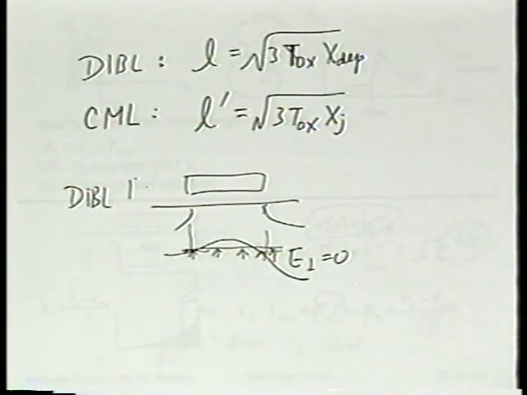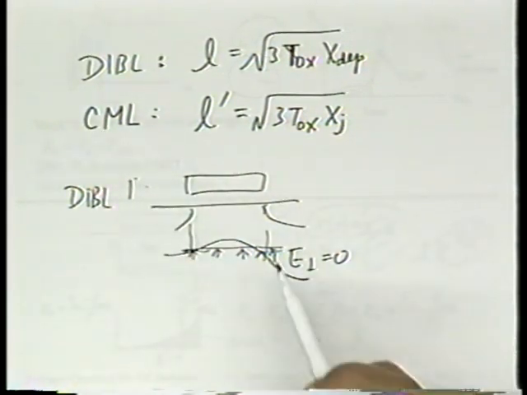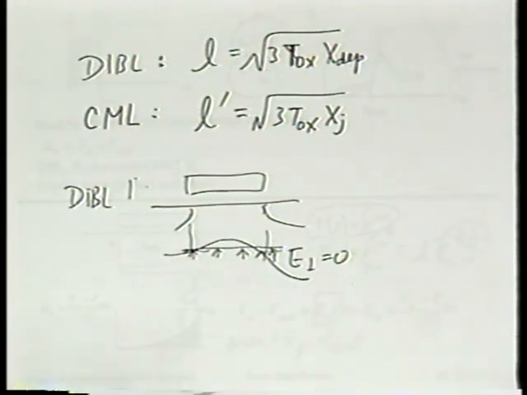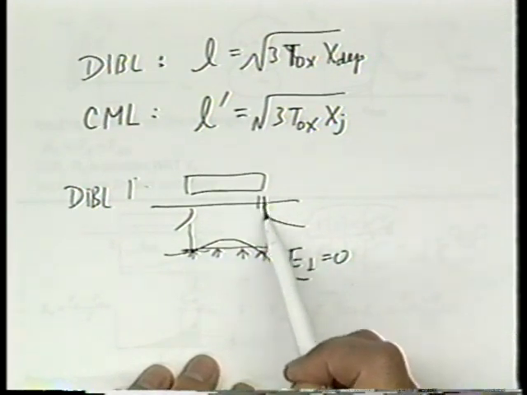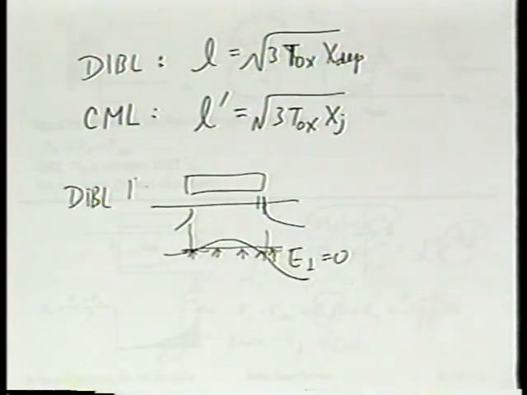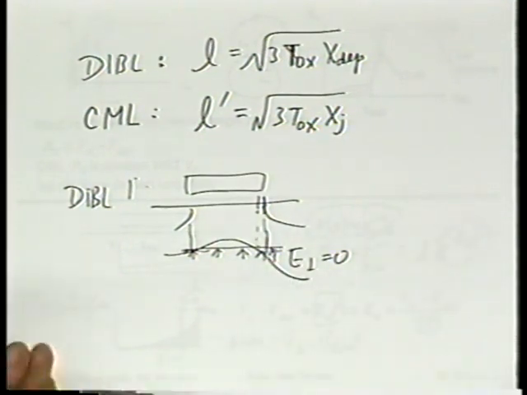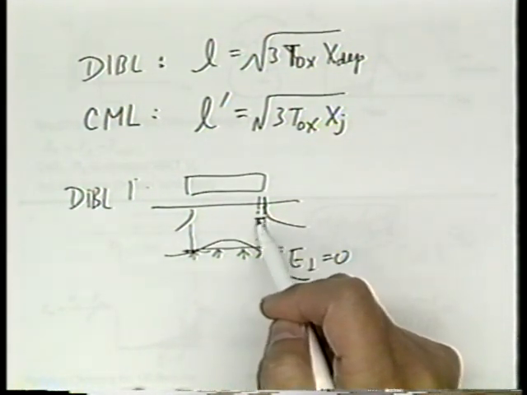Now, for the second case, for the channel length modulation, we're not looking for a boundary that's flat from source to drain. We're only looking for a boundary that's flat in this few hundred angstrom region near the drain. In that case, we could still try to use this, but that's probably not a good choice. Is there a better choice? So we argue there's a better choice. Just use the junction depth.